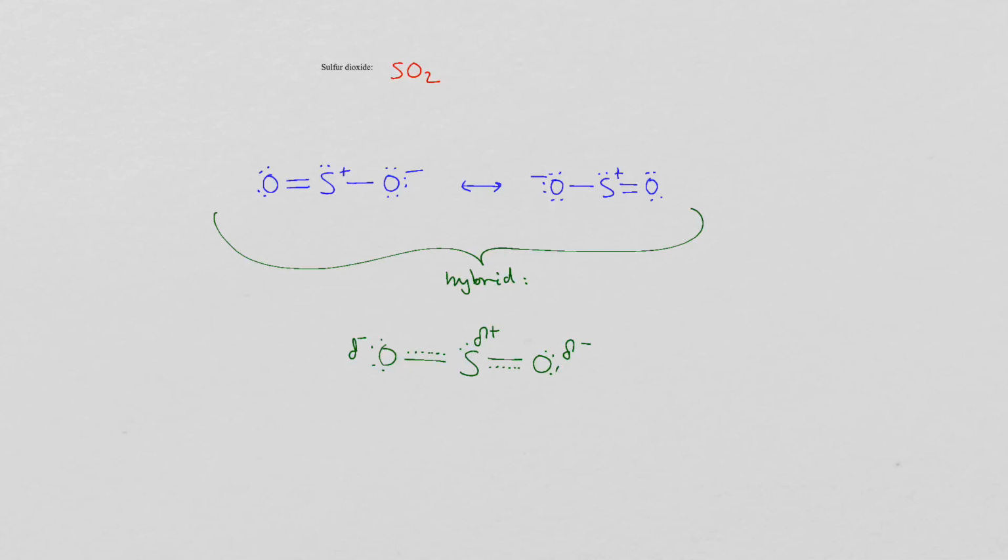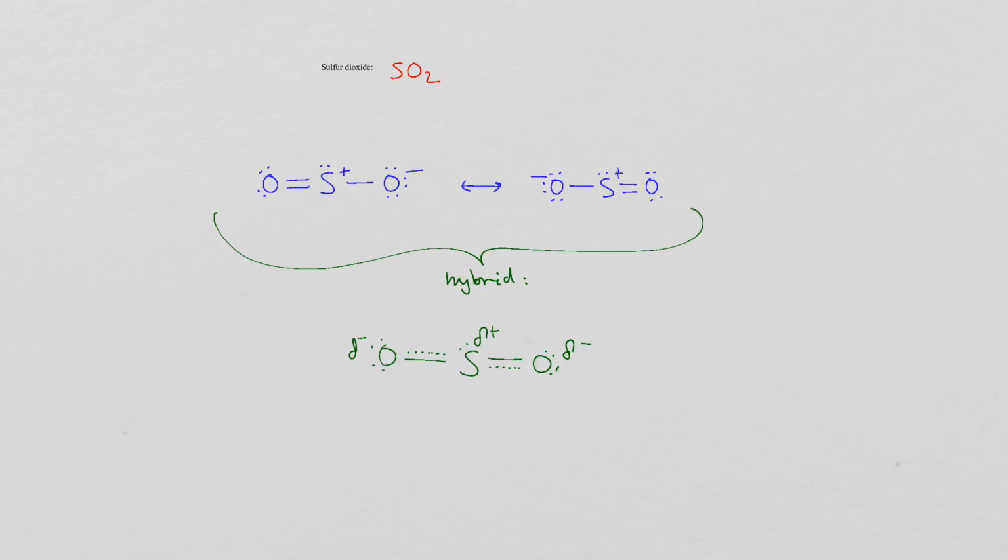So half the time the oxygen on the right will hog those electrons from that oxygen-sulfur bond that you might have drawn in, reducing that double bond to a single bond, and half the time the other one does it. So we have this hybrid resonance structure at the bottom that shows us that each oxygen has a partial negative charge. These two dots right here are a lone pair on sulfur. They're not part of this pseudo bond.